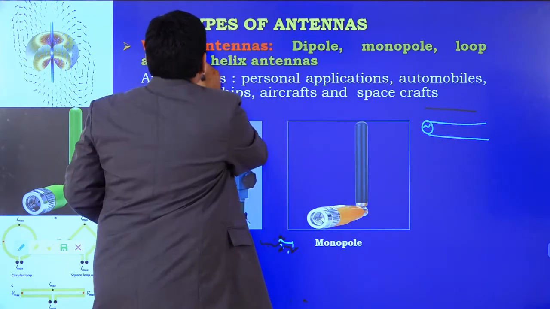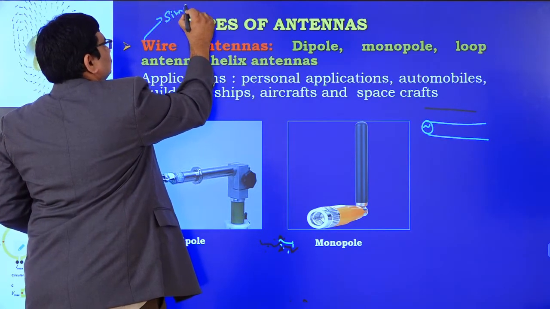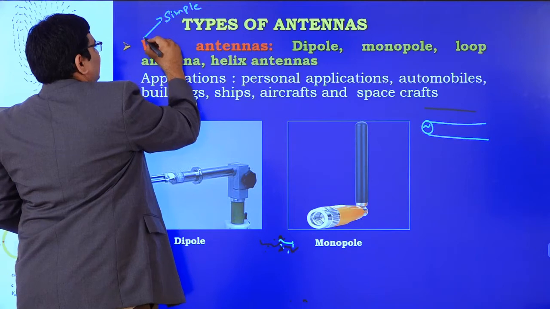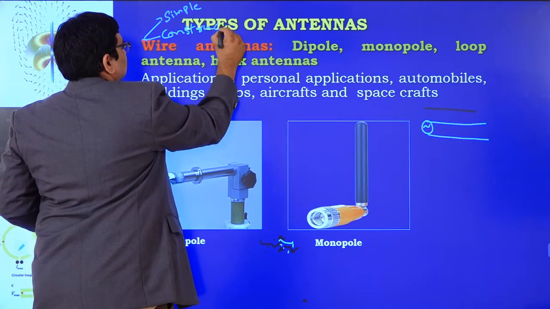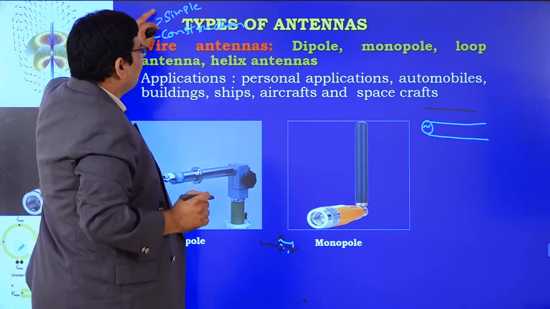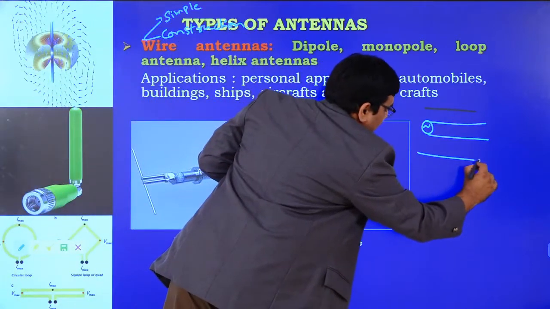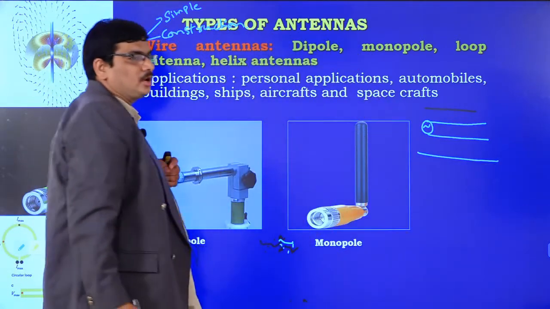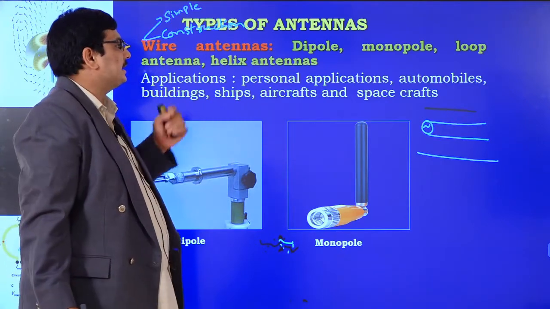So wire antennas are simple antennas and their construction is easy. Suppose we use a simple linear antenna like this, we can call it a straight wire antenna or a linear antenna.